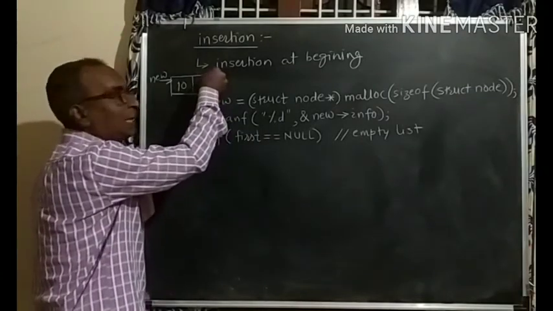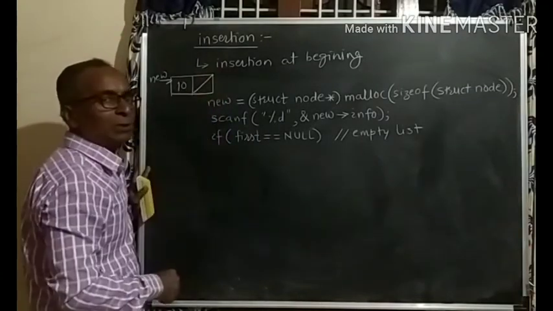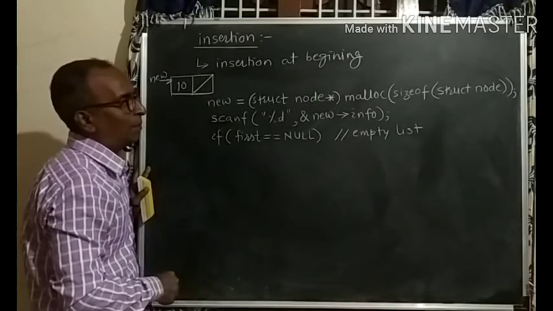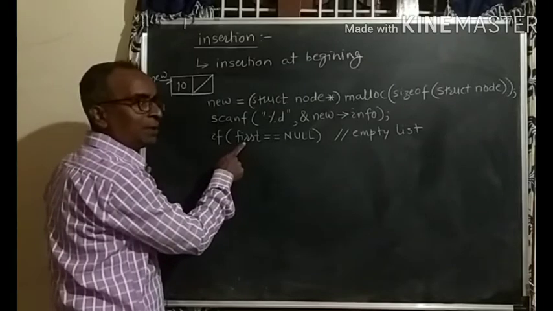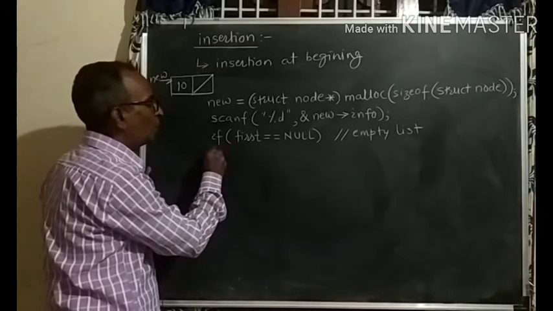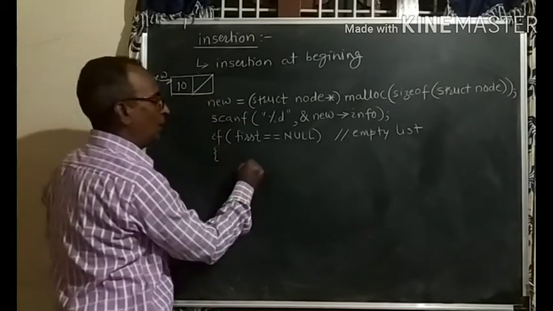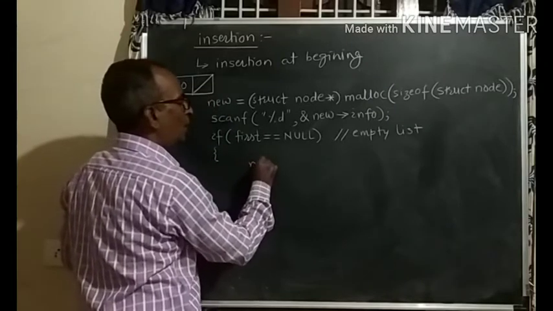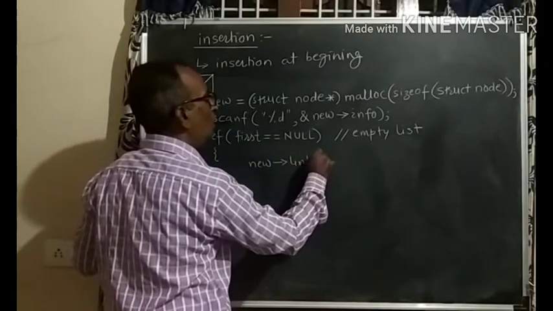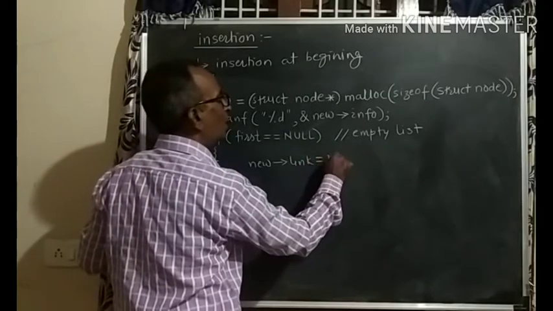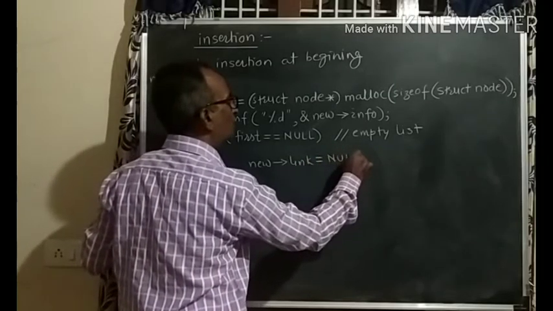Because you have to set link field of this to null, right? So if first is null, then link field of new will be null, right? New link, you will be giving null value.